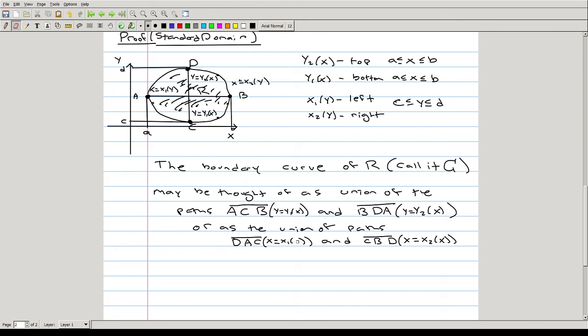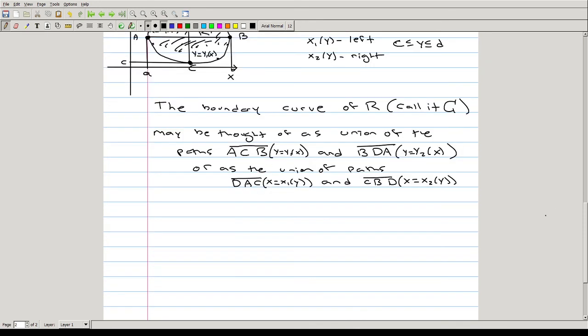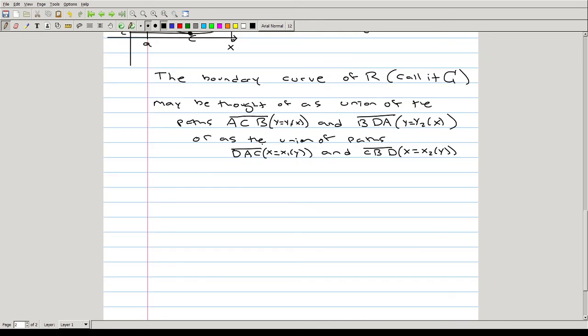Both these are functions of y. And so noticing this is going to be the key to going through and proving this.